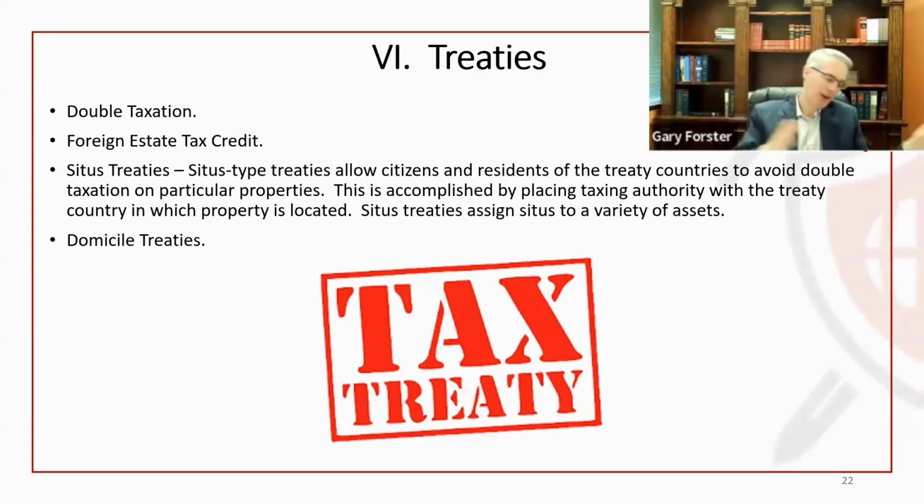But the U.S. says, no, no, no. I don't care where you have the certificates. It's a U.S. company, so it's U.S. situs. So we're going to tax it on death. I made that up, but there's a conflict a lot of times on how different assets have situs through the treaty. And so sometimes it's very imperfect.